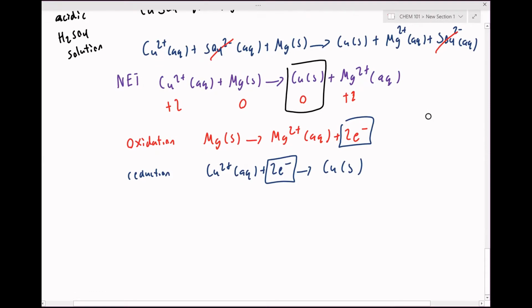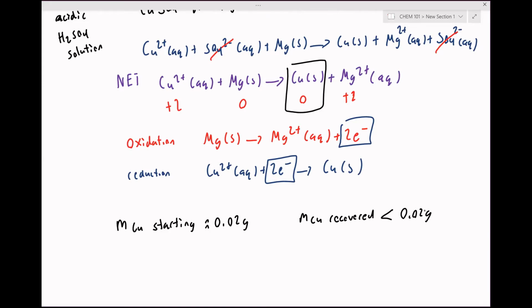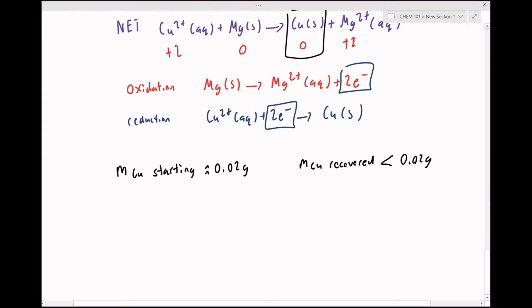So then, by comparing the mass of copper that you start out with, so it should be approximately 0.02 grams, and if we look at the mass of copper recovered, which will be less than 0.02 grams by definition, reactions are not perfectly quantitative and material can often be lost during purification steps.